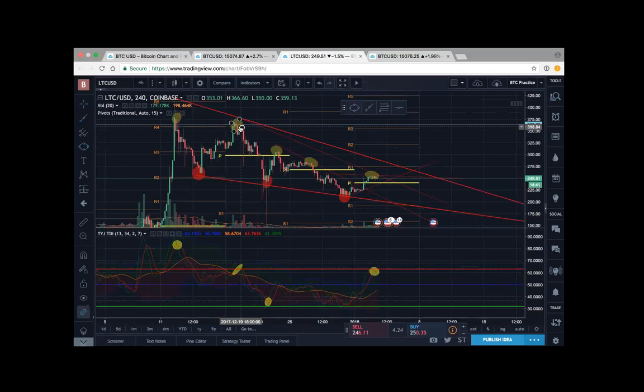You literally went from $350 all the way down. So you'll get those higher percentage ones whenever the yellow one lines up with this as well.